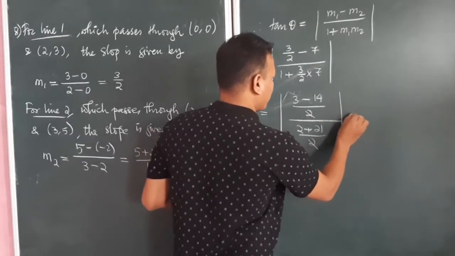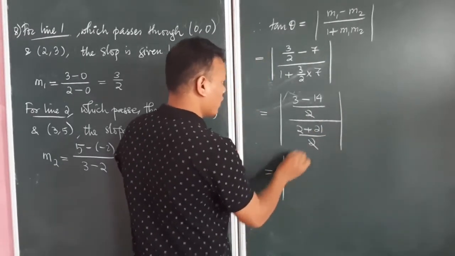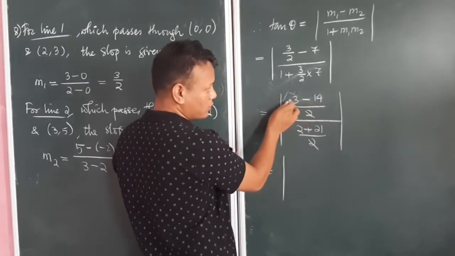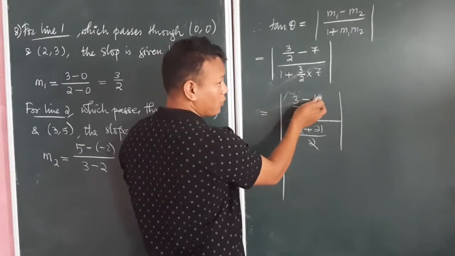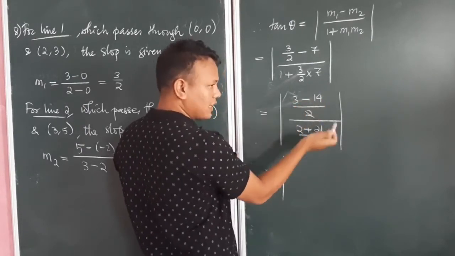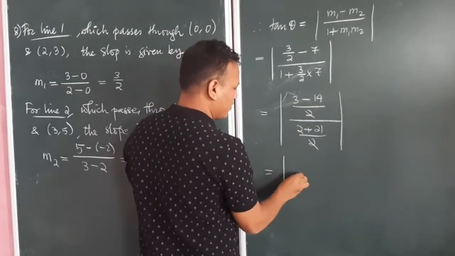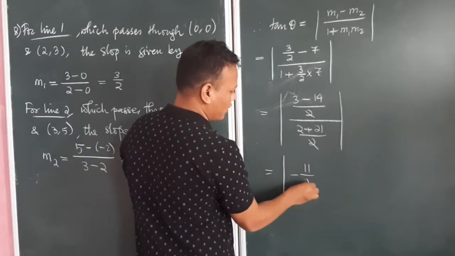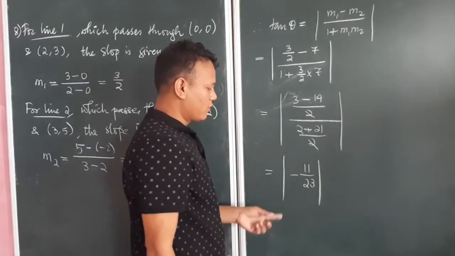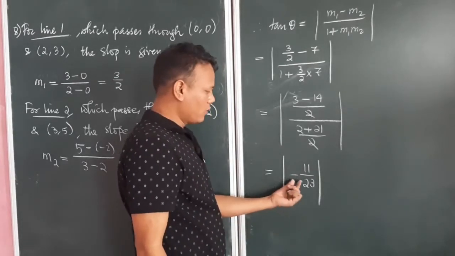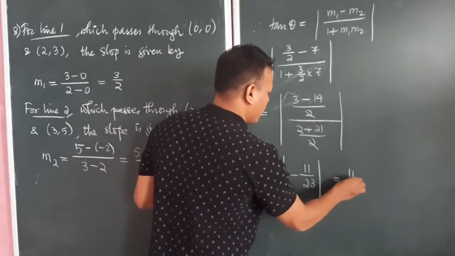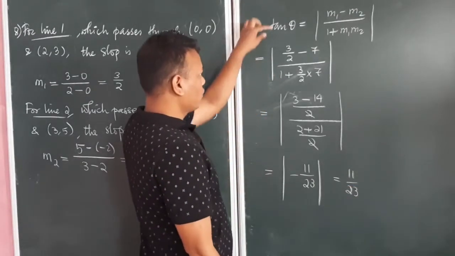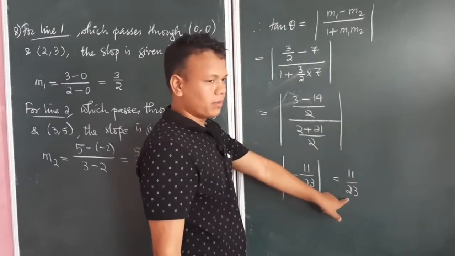So we have 14 minus 3, is 11, but the sign will be minus, so minus 11 by, how much is this? This is 23. And since we are taking modulus, my value will be equal to 11 by 23. Therefore tan theta is equal to 11 by 23.